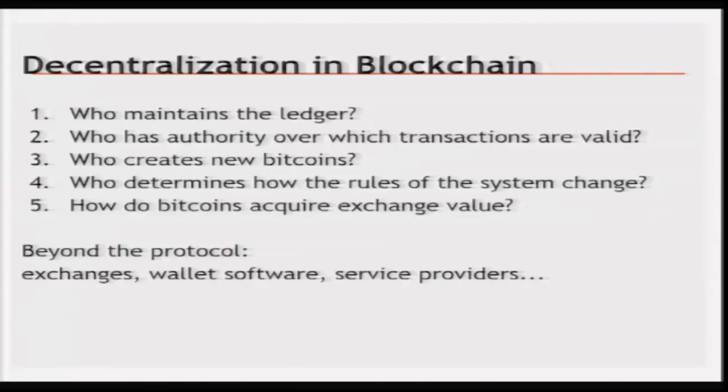Now, who determines the rules of the system change? Bitcoin has certain system rules that every participant is supposed to follow. The program they write to run the mining process or to check transaction validity is based on certain rules. Now, how do you change a rule?